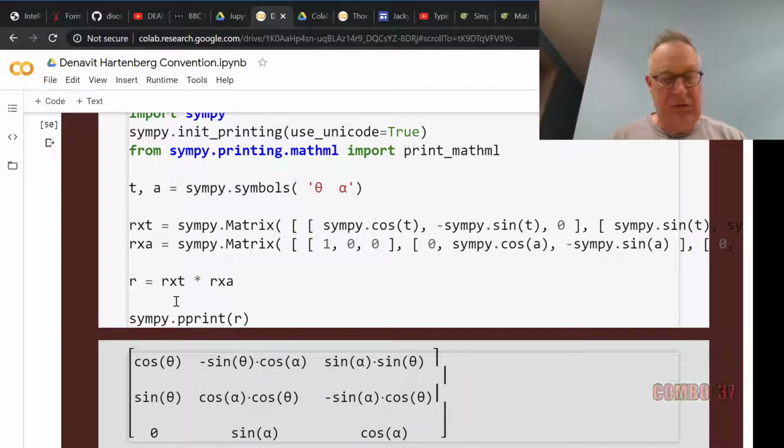The second assumption is stronger. It assumes that x_i and z_{i-1} actually intersect. This is Denavit-Hartenberg convention, assumption 2.